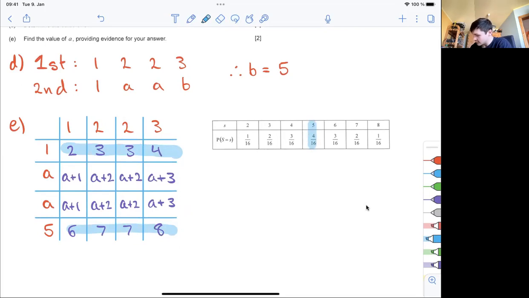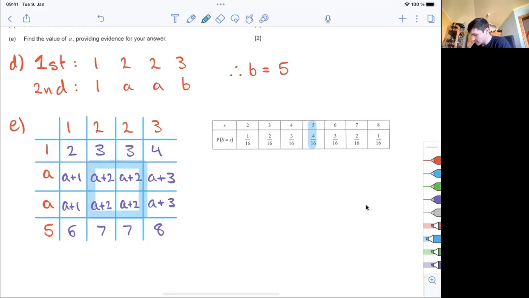If we get rid of this highlight and see which occurrence with A in it has 4 possibilities, that's going to be these middle 4 possibilities. These guys are going to be our 4 possibilities that add up to 5.